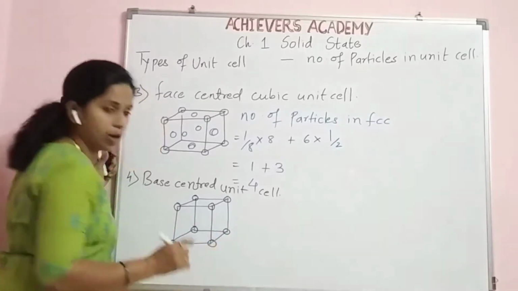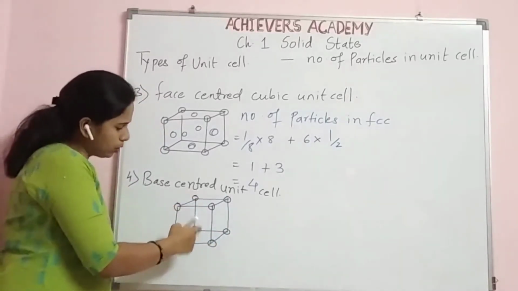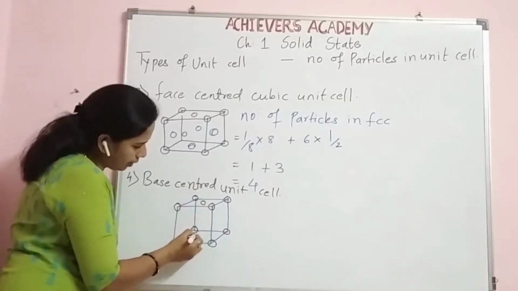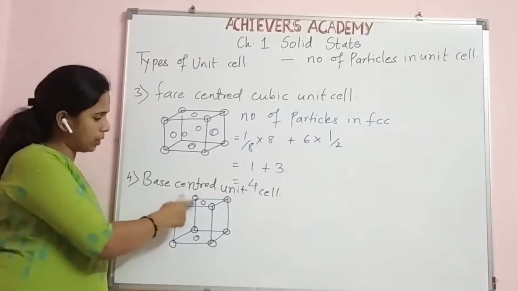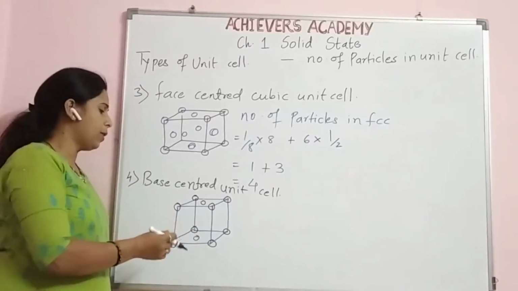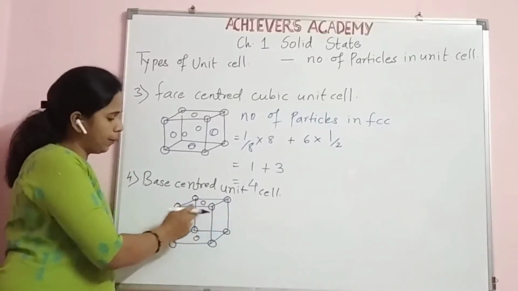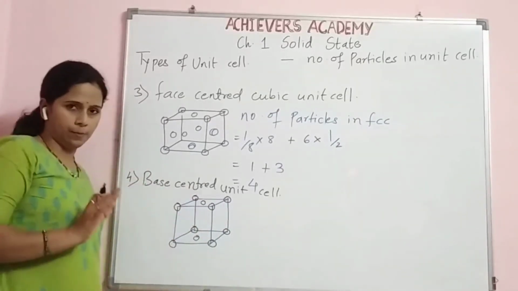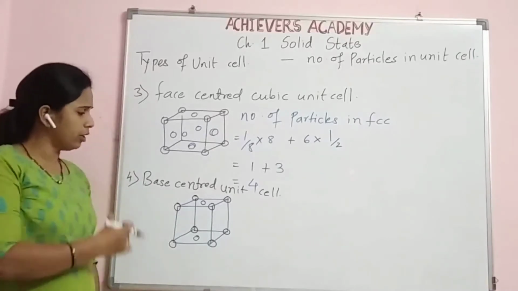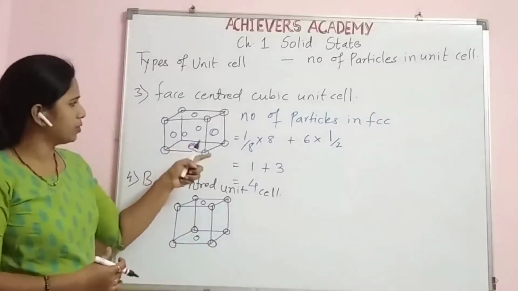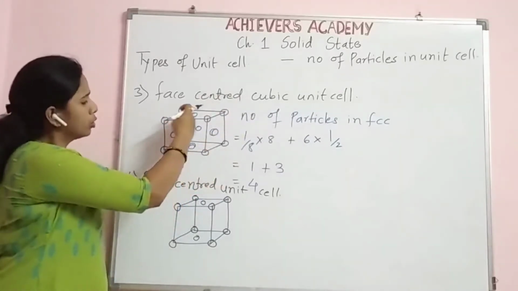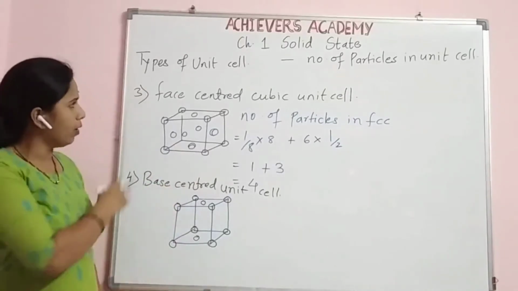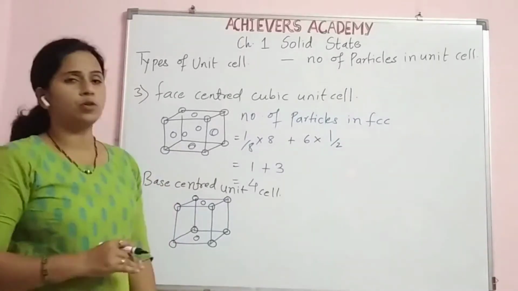Along with these 8 particles, you will see particles at the 2 opposite ends. So we'll show 1 particle at this end and 1 at this end. So 2 particles are present, only at the 2 opposite ends. With this, you have also seen in the FCC the 8 corner particles along with 6 face particles. So this way we have completed all the different types of unit cell.